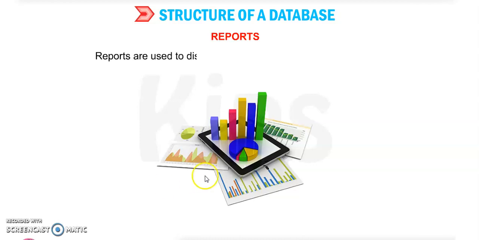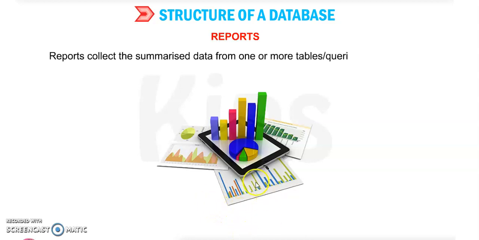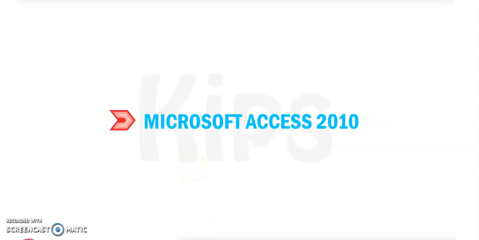So next, reports. Reports are used to display selected data in a printable format. We can print our database or table. A report collects the summarized data from one or more tables and queries, and organizes it in a printable form. So we can take a print of our database with the report.